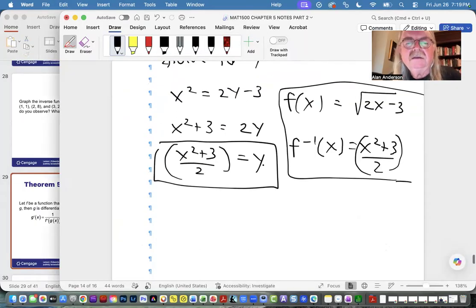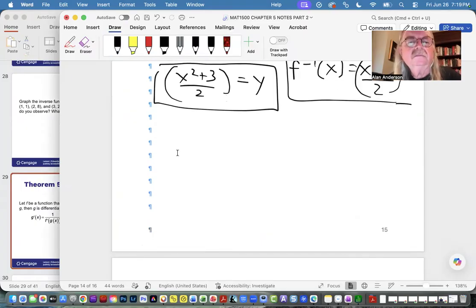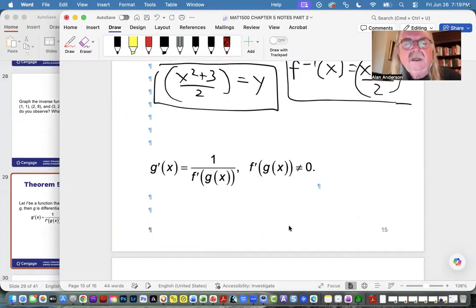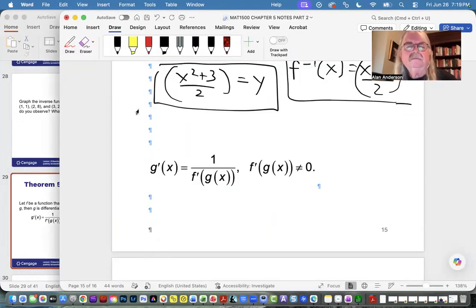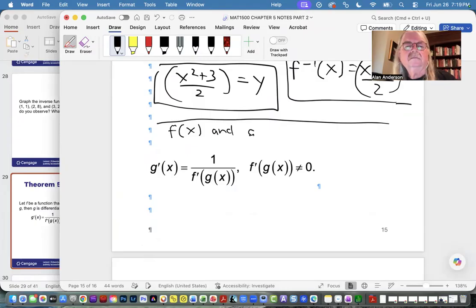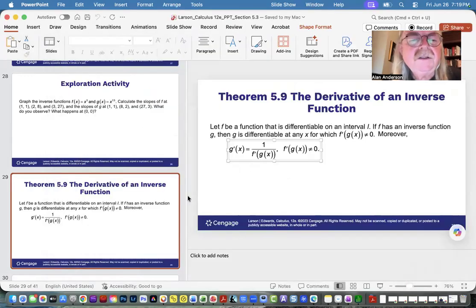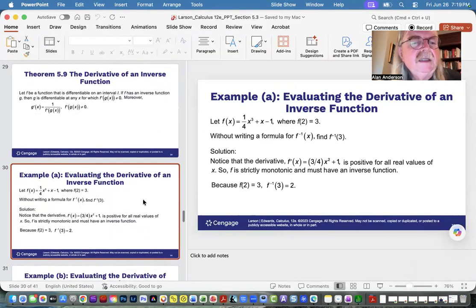Now they're assuming that these are inverses of each other. So, here's one.